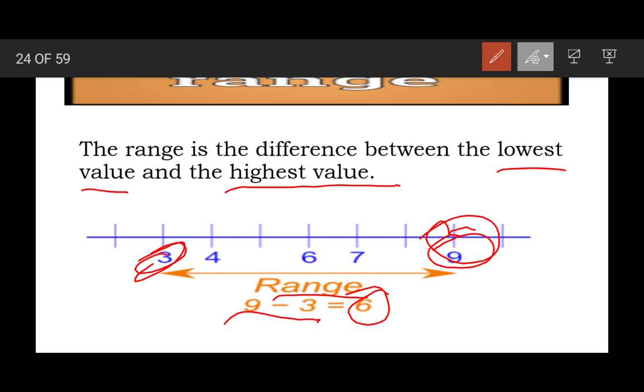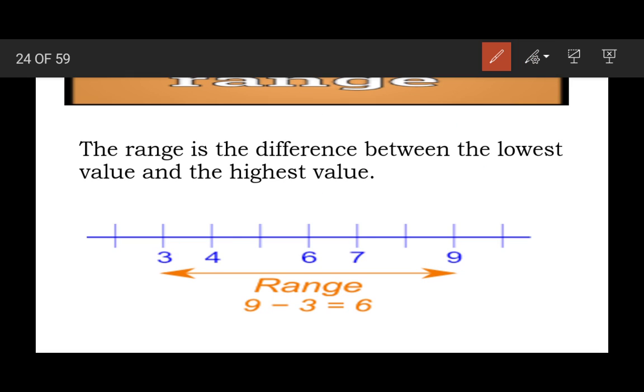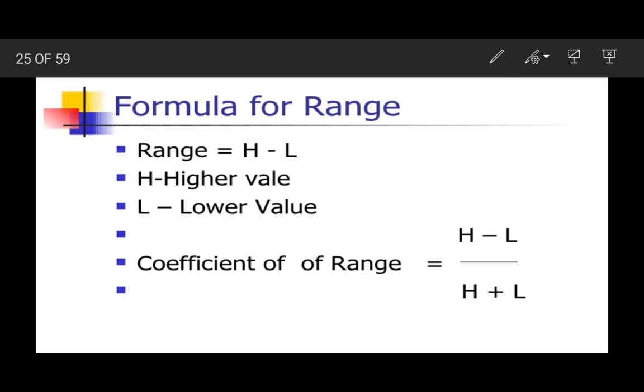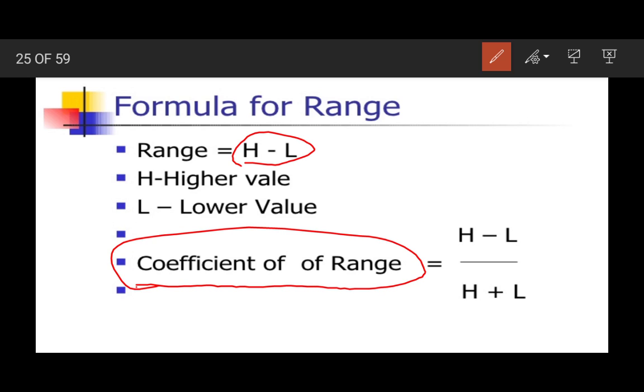Now let us see the formula of range. As I told you, range is the highest value minus the lowest value. Then there is a relative measure for range, which is known as the coefficient of range.